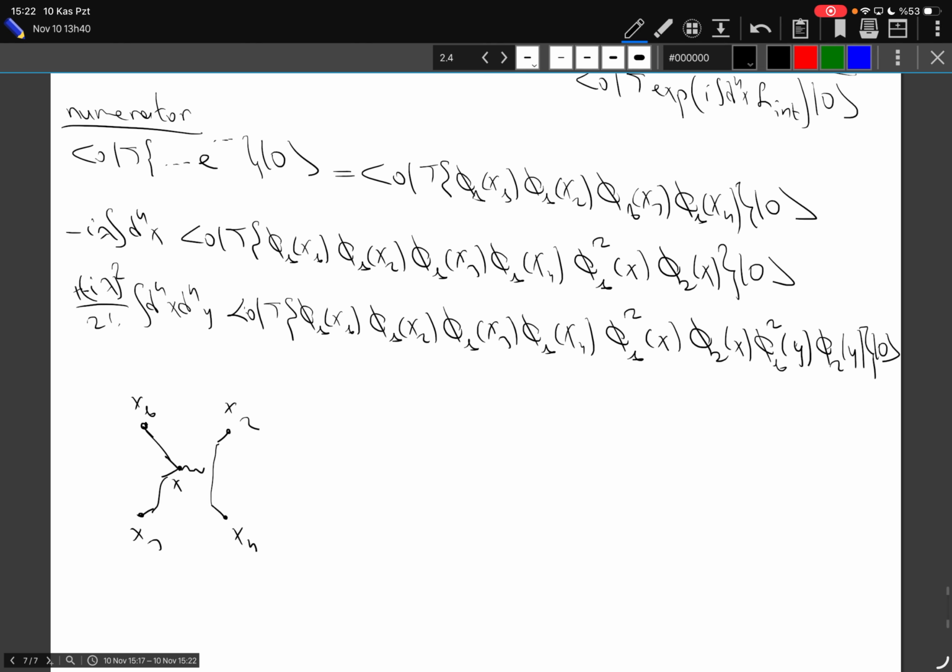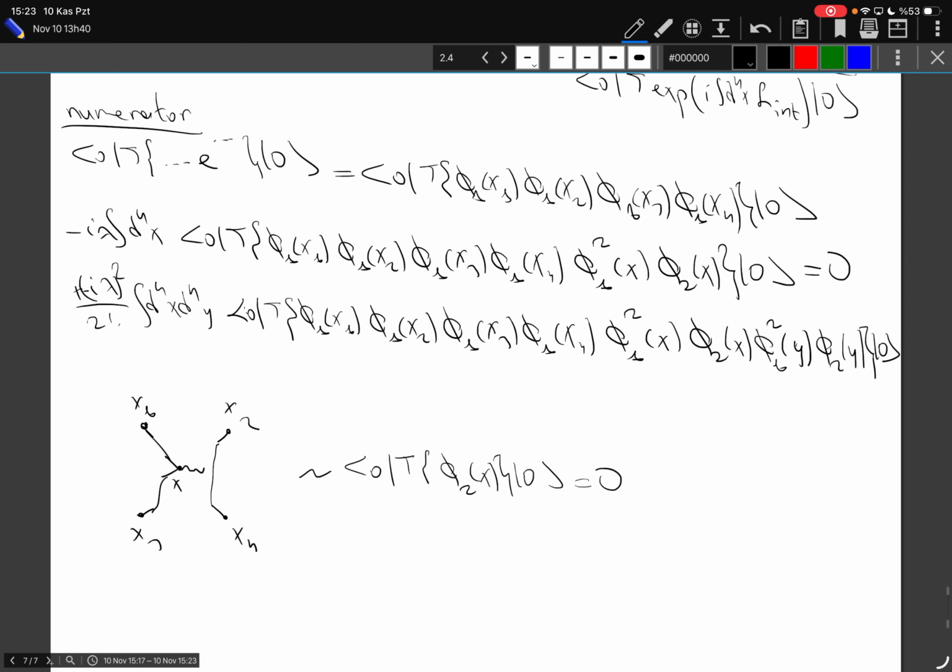Now, if you actually calculate this, this will be proportional to this matrix element, which is 0. Just a single phi field. Since we are looking at empty state matrix elements between empty states, there shouldn't be any fields left. So this will be 0. There is no contribution. This term, the second term, is exactly equal to 0.